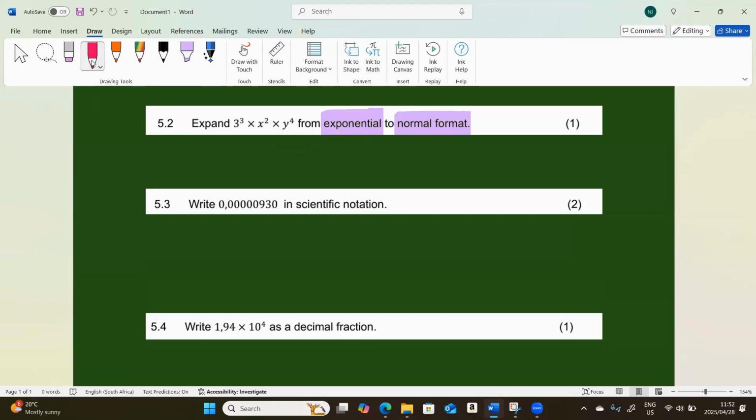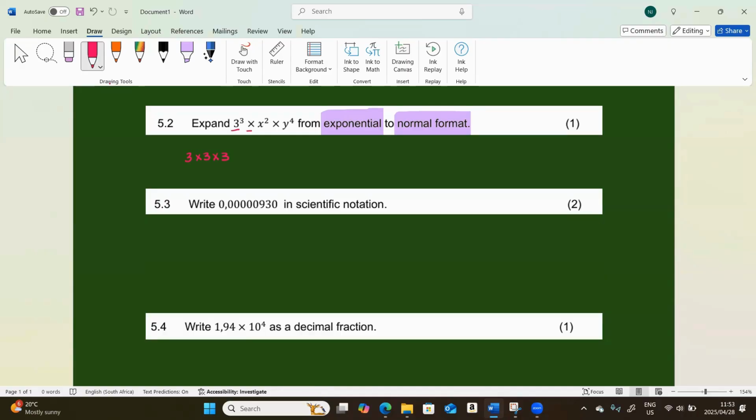So let's start with our base of 3. 3 cubed means we are multiplying 3 by itself 3 times. So that means 3 times 3 times 3. Now we have expanded 3 cubed.